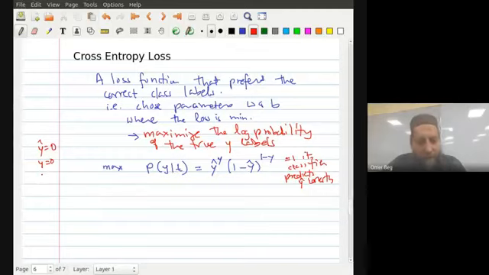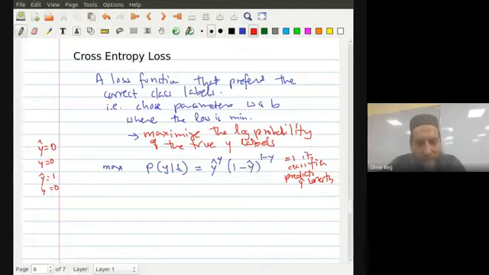If Y hat is a 1, whereas Y, the real label, is 0, what's going to happen is that Y hat, which is 1, to the power 0 would be a 1, right? And 1 minus 1 would be a 0.